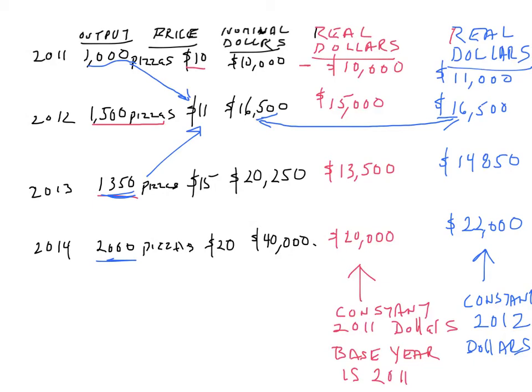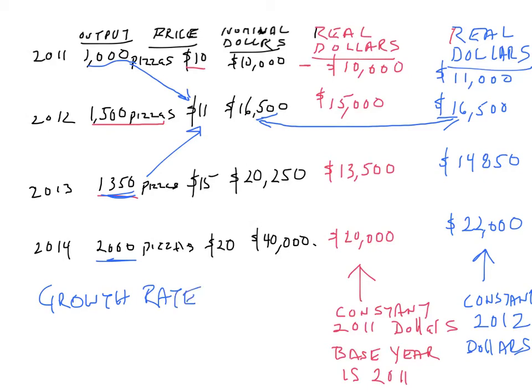The real dollars is what we want to know, but the absolute value of these real dollars is not important, because the absolute value of these real dollars only depends upon the base year. Whenever we choose another base year, the absolute value of the real dollars changes. So that's not important anyway. What we really want to know is the growth rate.